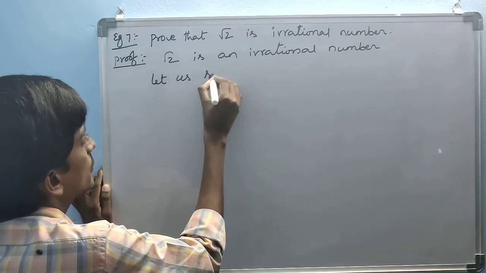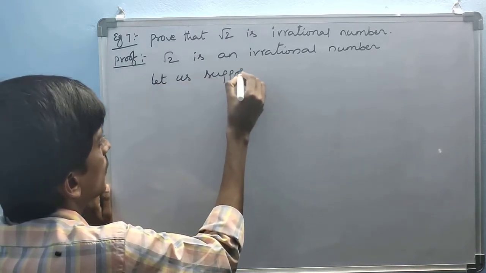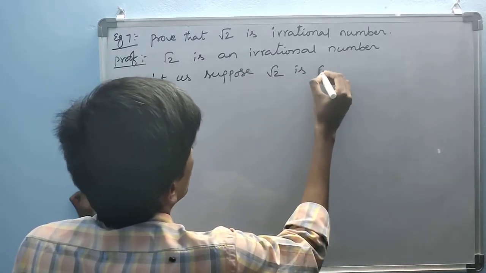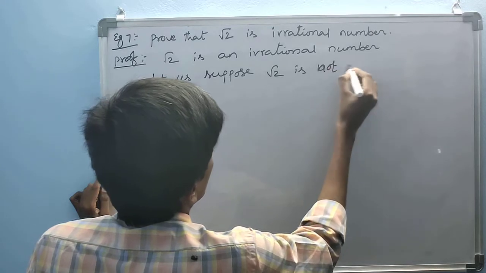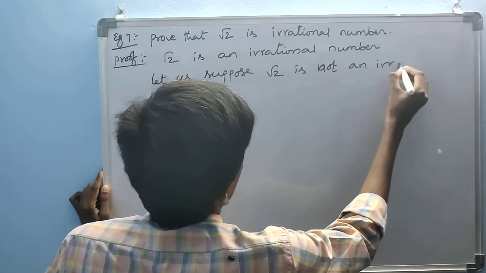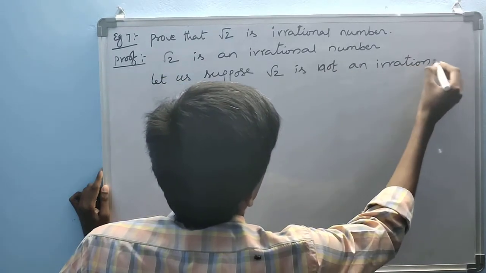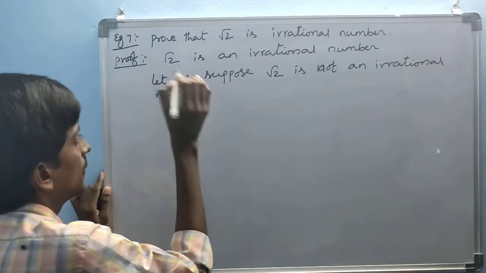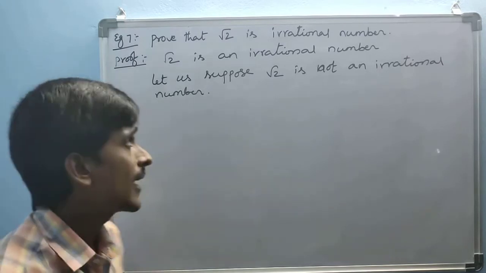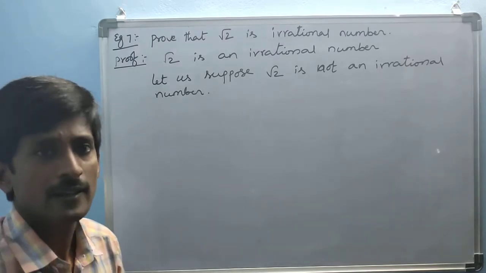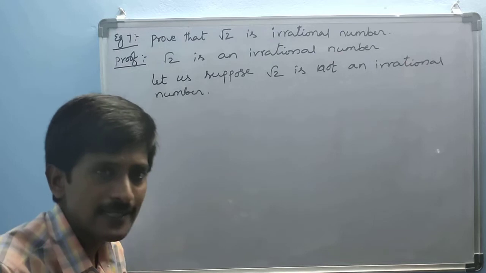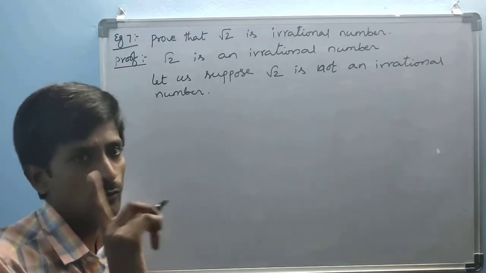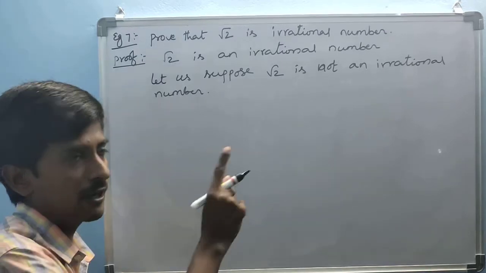Let us suppose root 2 is not an irrational number. A number is either a rational number or an irrational number, only one of them; you will take one choice.